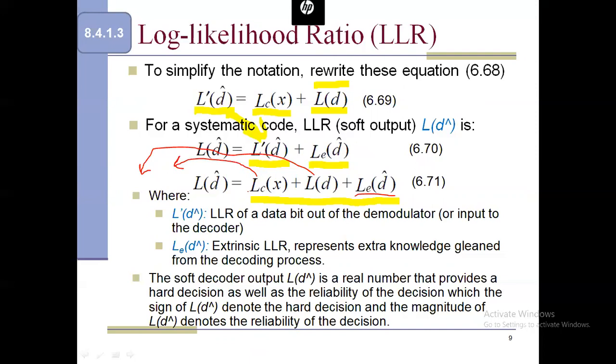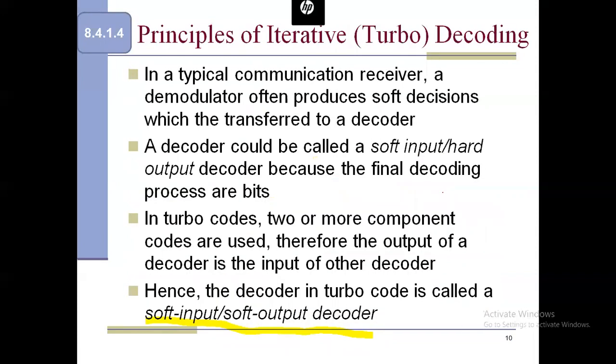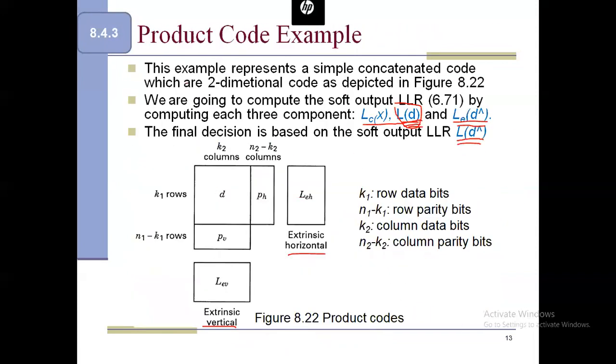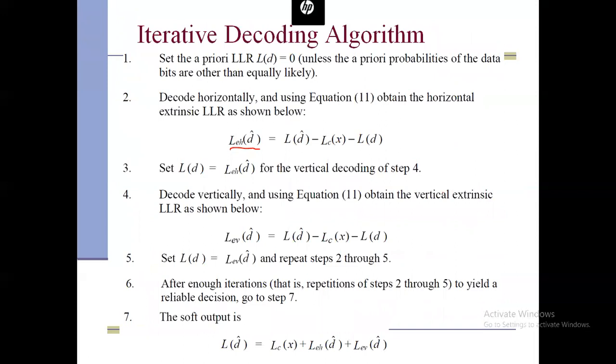If we move these two components to the other side, we can find the value of this, right? That is very simple. So we have this horizontal calculation.